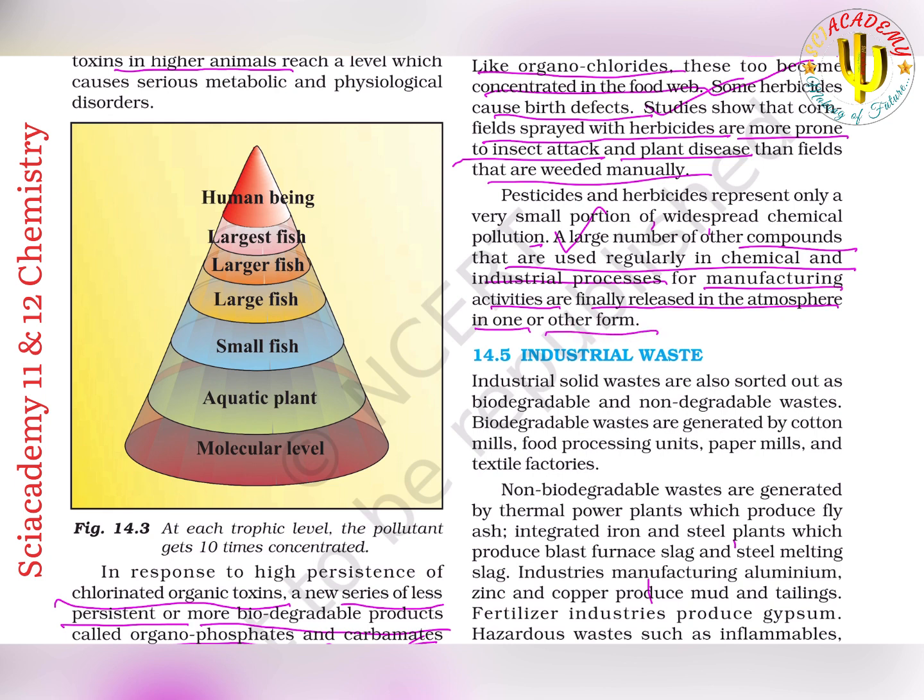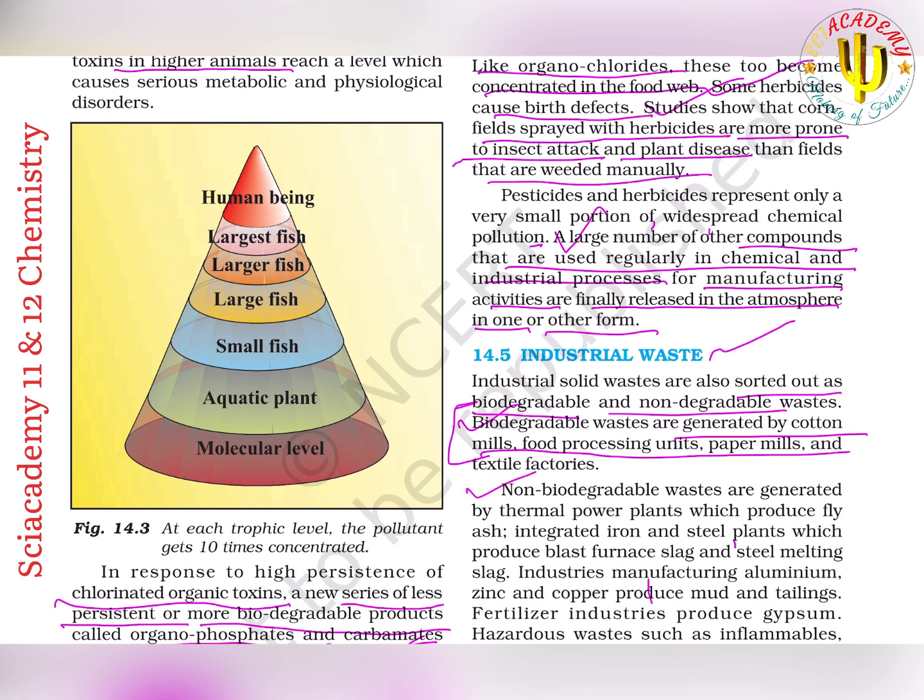14.5 Industrial wastes. Industrial solid wastes are also sorted out as biodegradable and non-biodegradable wastes. Biodegradable wastes are generated by cotton mills, food processing units, paper mills, and textile factories.